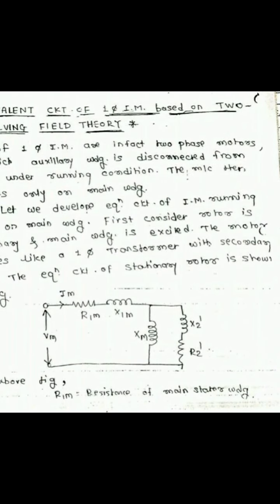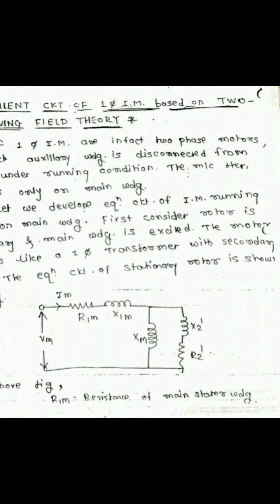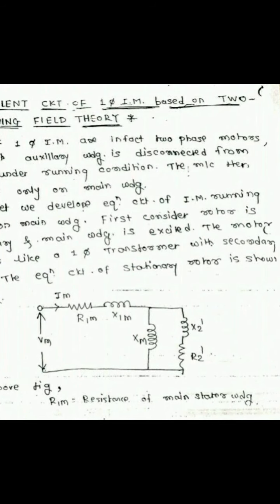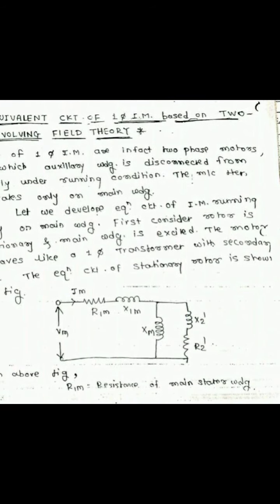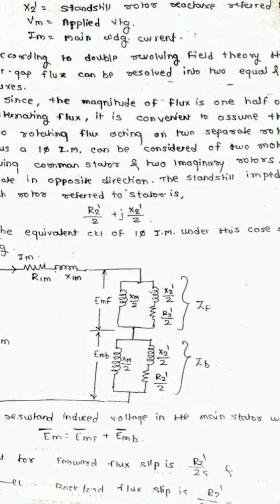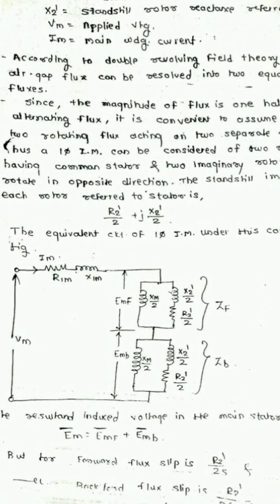Similarly, X2 dash is divided into two parts due to the change in flux direction, that is X2 dash by 2 in the forward direction, and similarly R2 dash by 2, the resistance is divided in the backward direction.